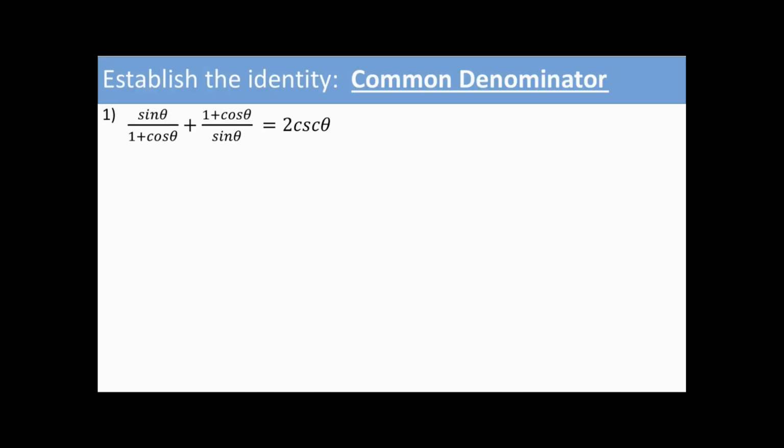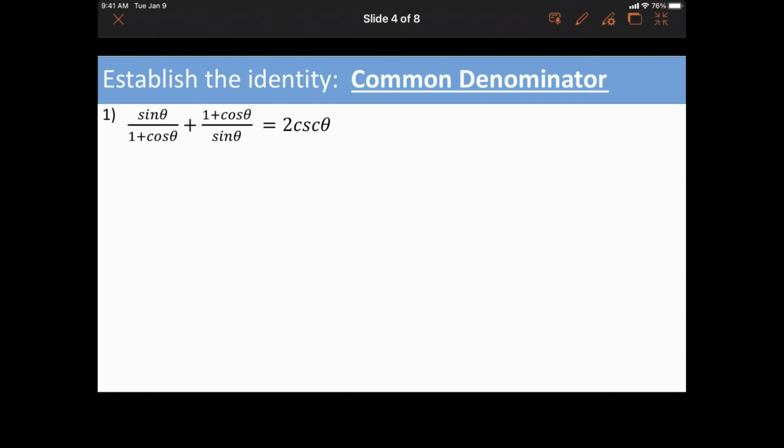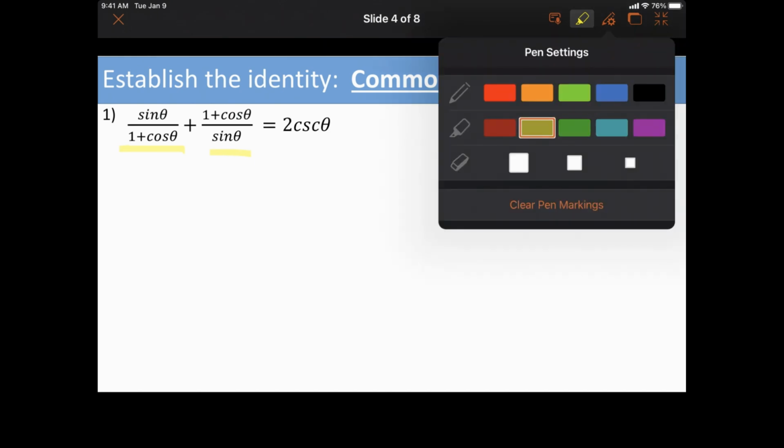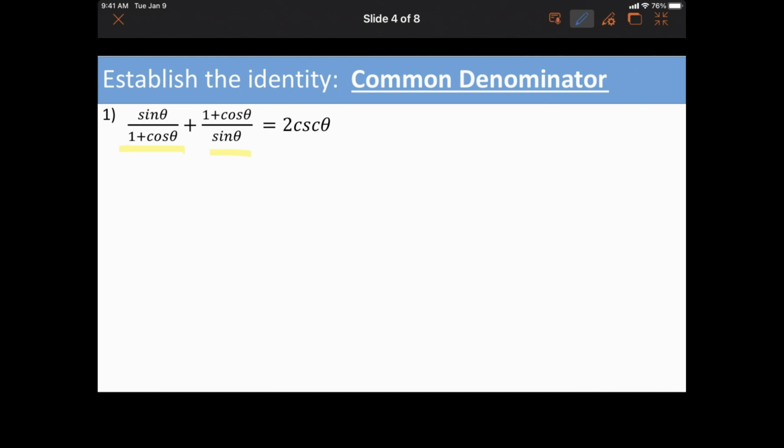So if we're looking at this, it is a little bit more complicated than previous problems that we've done. But we can see on the left, it's the more complicated side. We can also see that I have two fractions. So just like adding fractions, we're going to need common denominators.